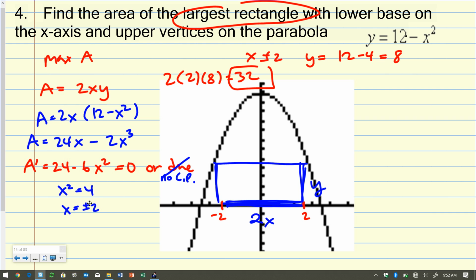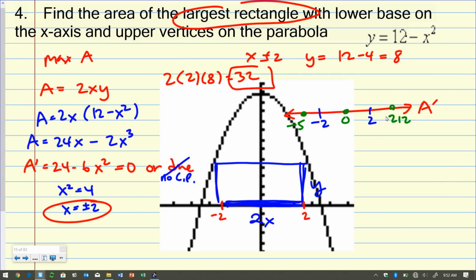Okay. I was going to say something about this. Do you guys see how I got more than one critical point here? So it's actually kind of interesting. Like I told you, you didn't have to justify, but it's kind of interesting to justify here to see what you get. If you actually justify here and you put in your points -2 and 2, and let me try some points here. Let's do -5. If I put a -5 here, try 0 here, and try 5 here.